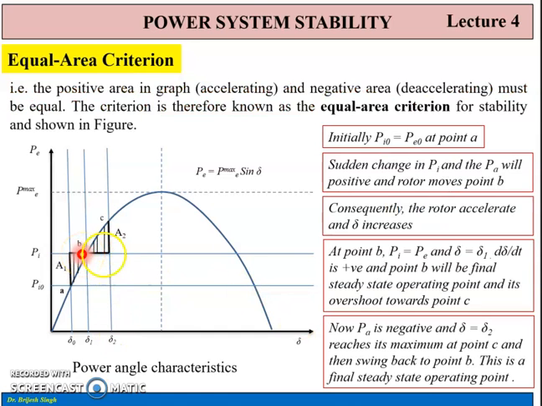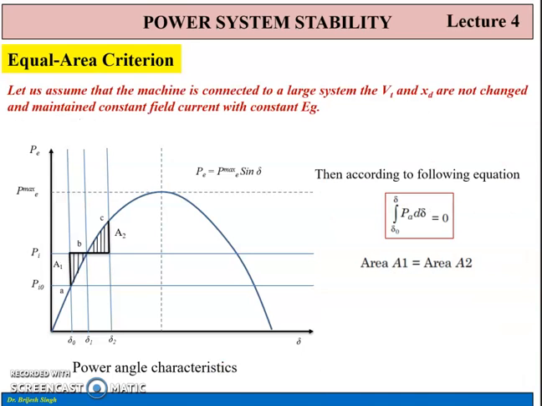It settles here. So at point B, Pi is equal to Pe and delta is equal to delta 1, d delta upon dt is positive, and point B will be the final steady state point, and it overshoots towards C. Now Pa is negative because the power goes down. Pa negative means it is decelerating, and delta equal to delta 2 reaches its maximum at point C and then swings back to point B. This is the final steady state operating point.